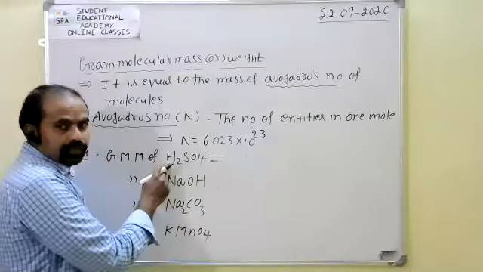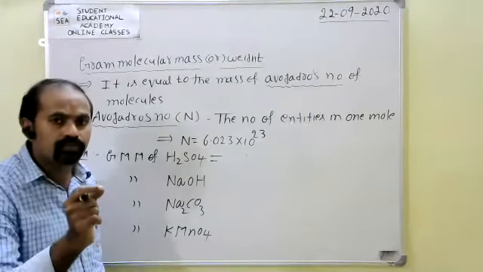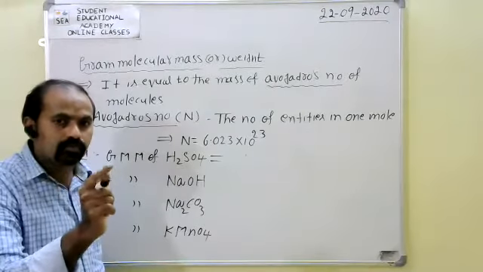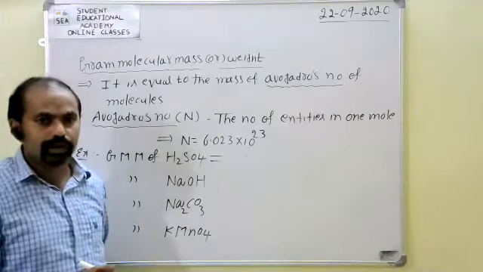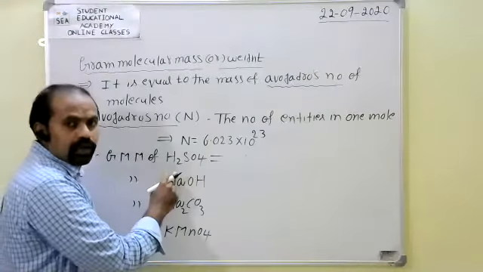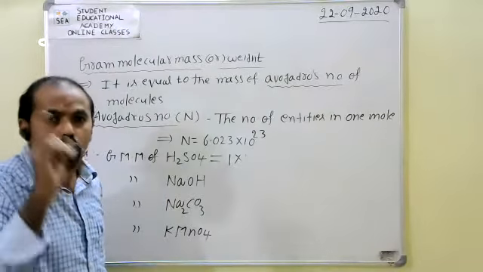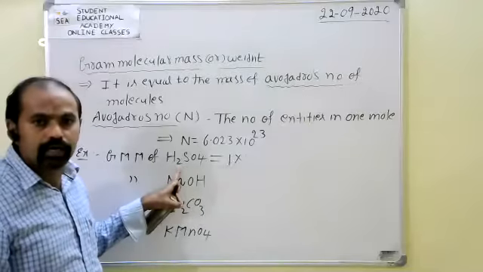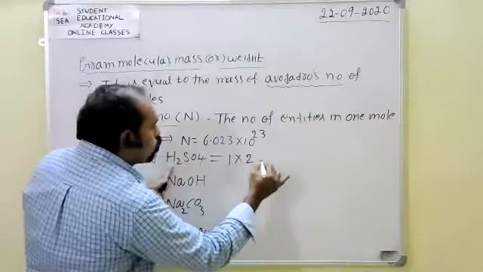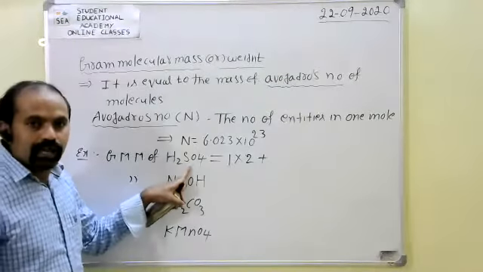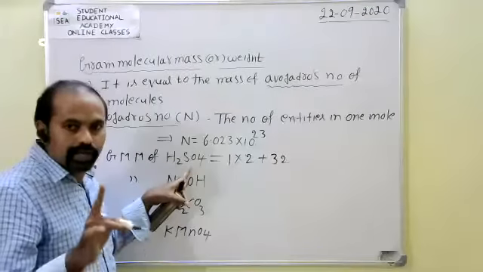Here, first, what is called gram molecular mass? The sum of atomic masses of all atoms of elements in a molecule is called gram molecular mass. Okay, here first one hydrogen, its atomic mass 1 into its atomicity. Atomicity is nothing but number of atoms. How many atoms are there? Total hydrogens 2, so 1 into 2, plus sulfur atomic weight 32.